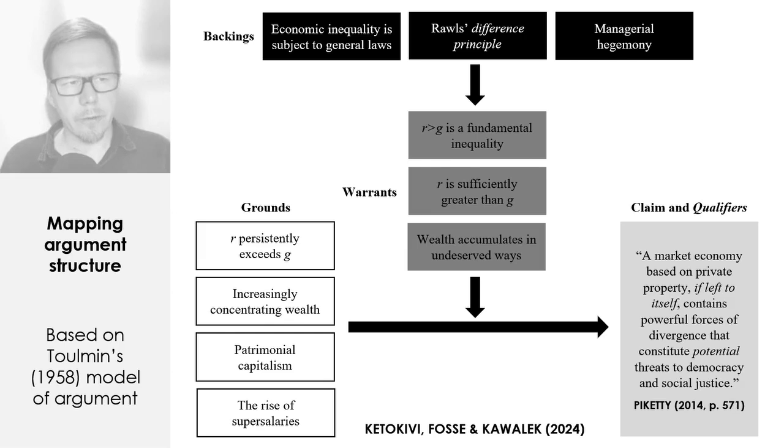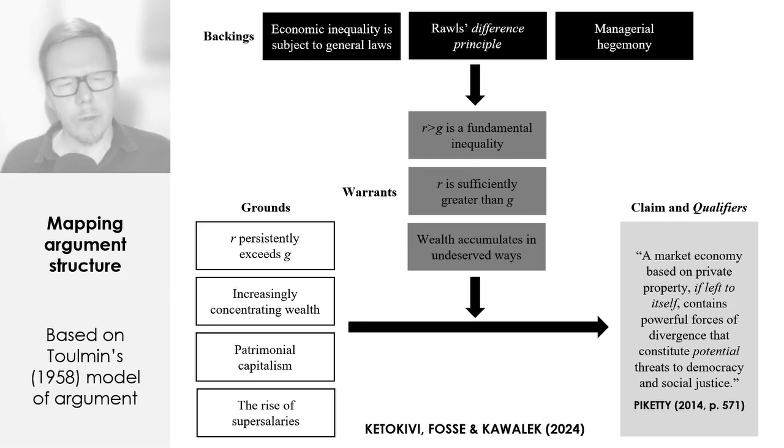Qualifiers are central parts of the claim. We need to understand and be explicit about the strength at which the claim is being asserted. And Piketty himself was very clear that no empirical material can afford definitive statements about economic inequality, and that's why the qualifiers are absolutely essential.